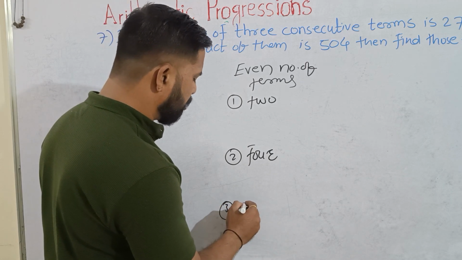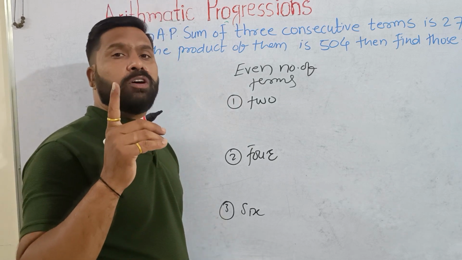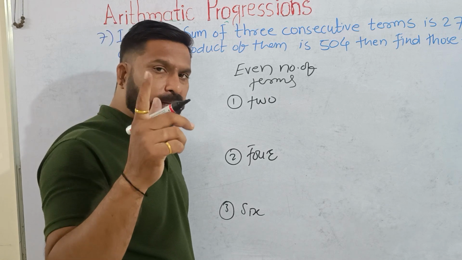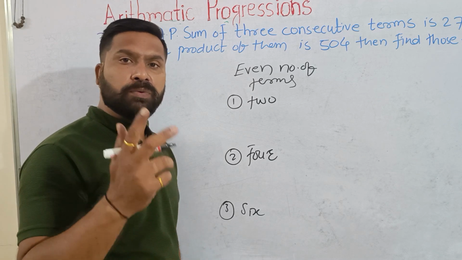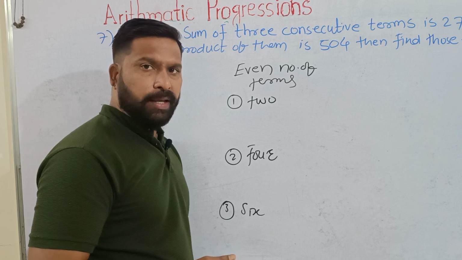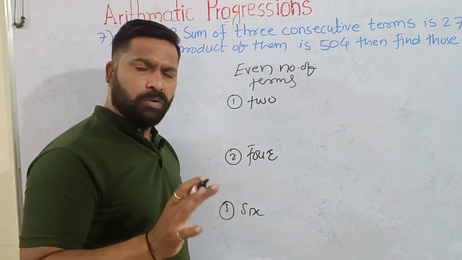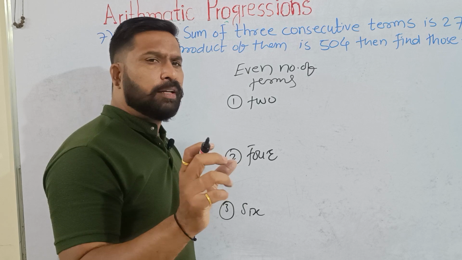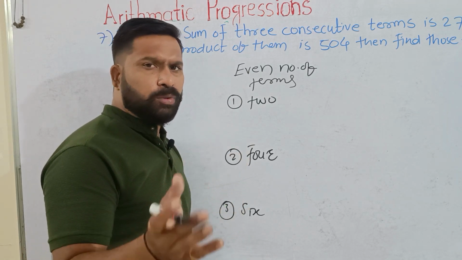In the case of an odd number of terms, we were maintaining a difference of 1D. In the case of an even number of terms, we have to maintain a difference of 2D. A minus D is always going to be the first term. There is no middle term in it. That's why we are going to start with A minus D, then to the right and then to the left.